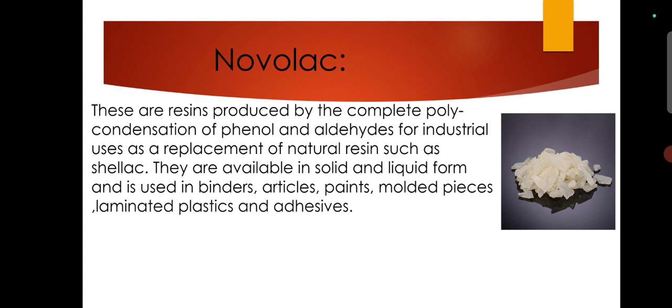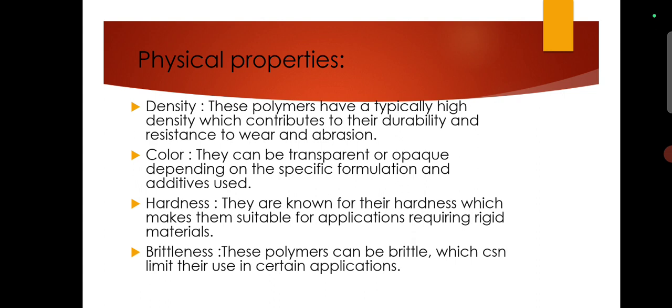These are the resins which are produced by polycondensation of phenol and aldehydes for industrial uses as a replacement of natural resin such as shellac. It is available in solid and liquid form and is used in binders, articles, paints, molded pieces, laminated plastics, and adhesives.